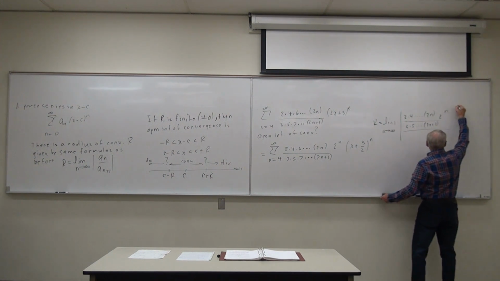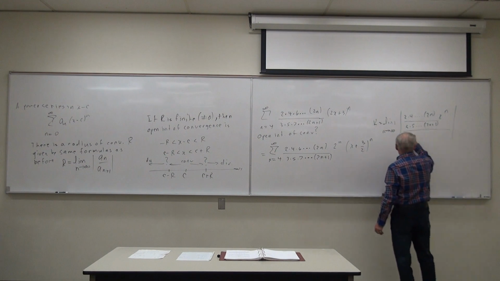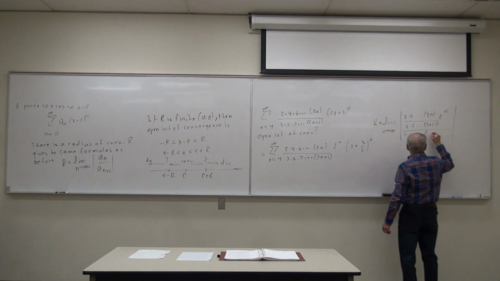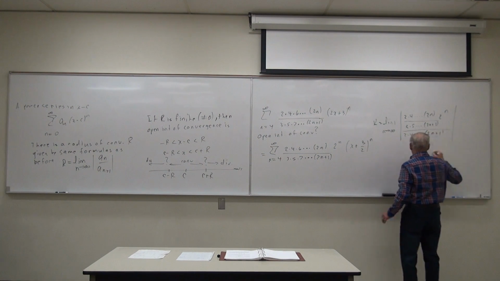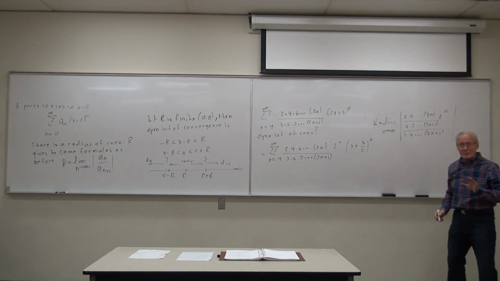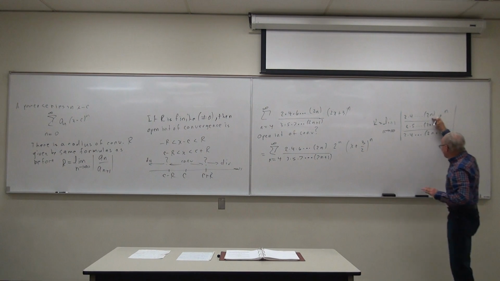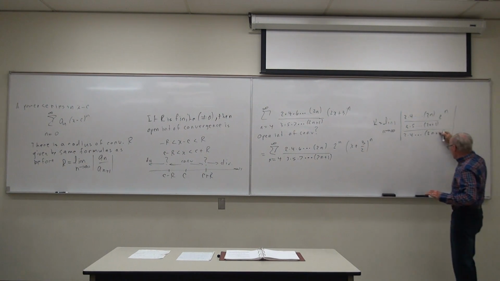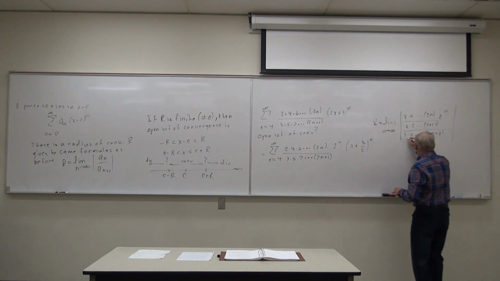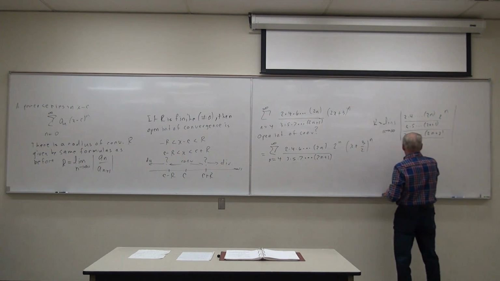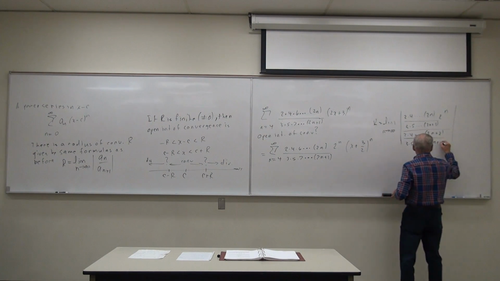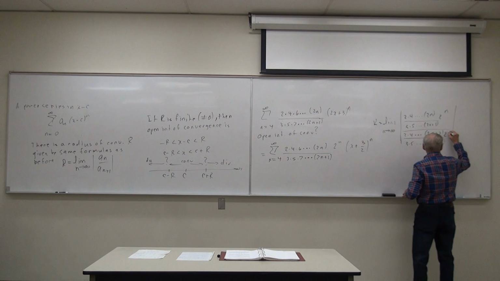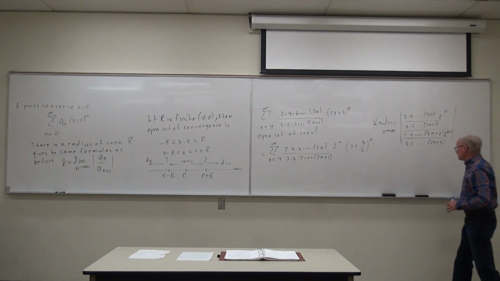Same thing, put in n plus 1s: 2, 4, dot, dot, dot, and don't write here 2n plus 1. No, no, no, I've seen that happen. Remember, you're replacing n's by n plus 1. So this is going to be 2n plus 2. Bottom: 3, 5, dot, dot, dot, 2n plus 3, and 2 to the n plus 1.